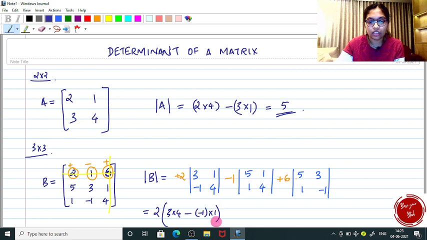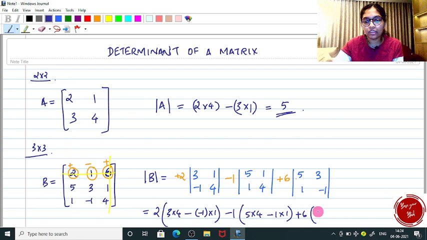Now, write down this negative 1, just copy it down, and starting with 5 into 4 minus 1 into 1. Now, positive 6 into 5 into negative 1 minus 1 into 3. Got it? So, if you need to get the value for determinant of 3 by 3 matrix, definitely you have to have the idea to get the value of 2 by 2 matrix determinant.